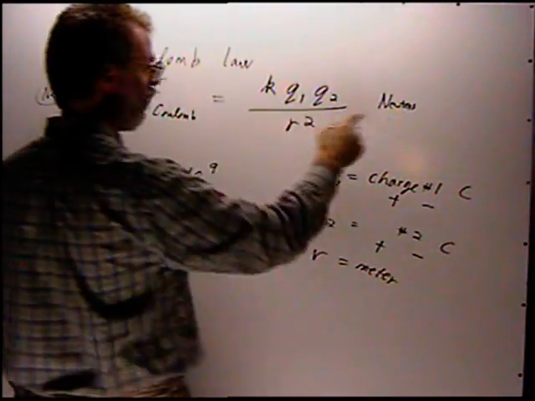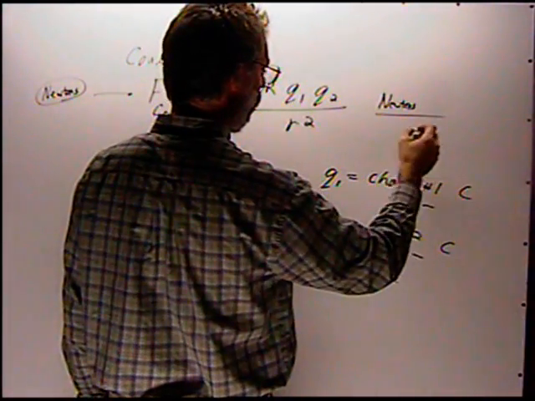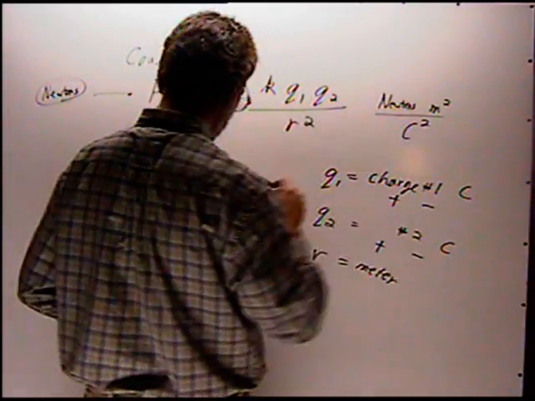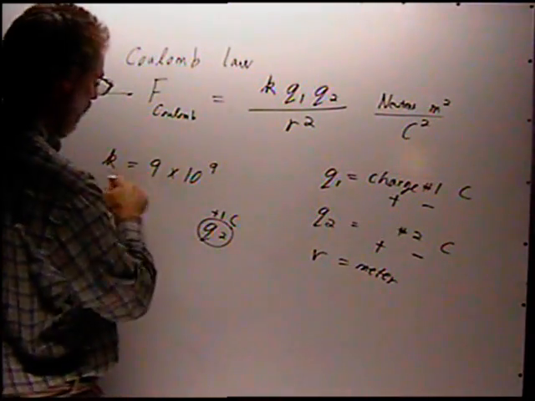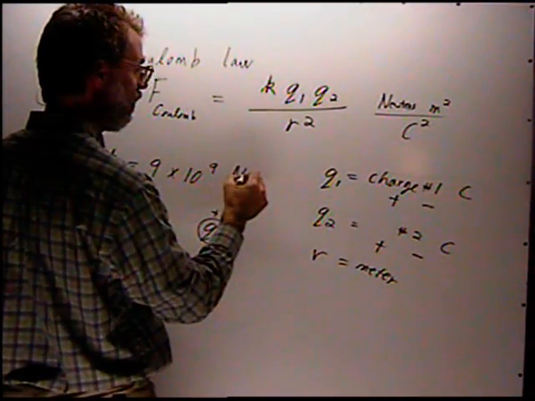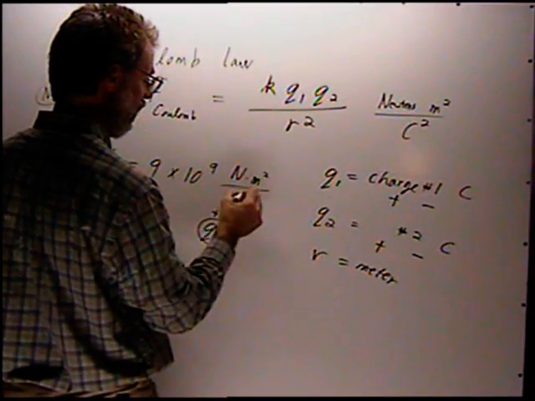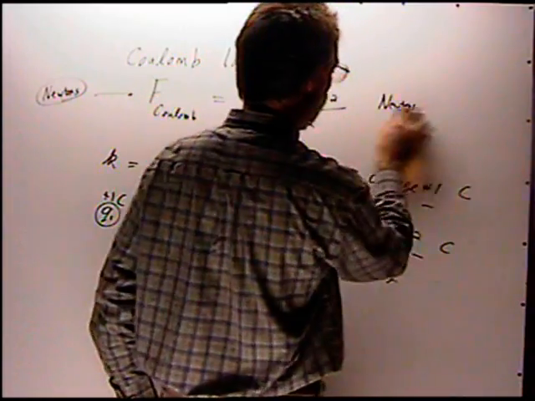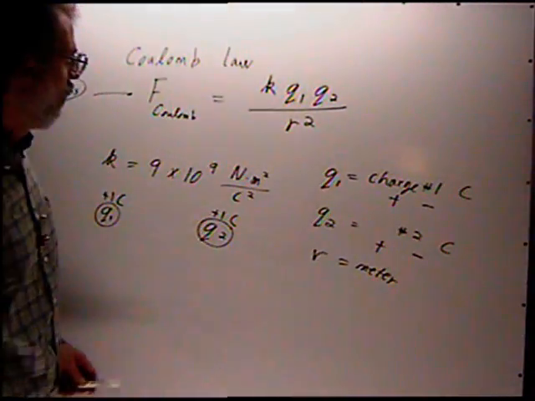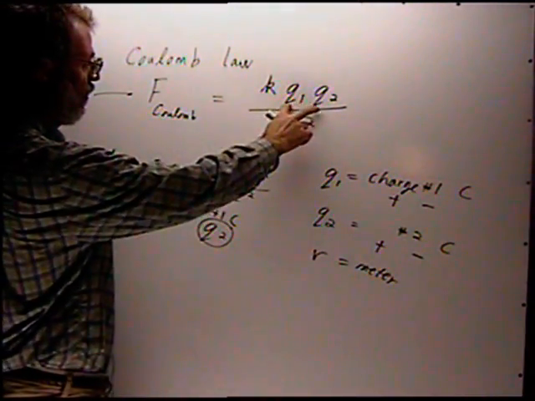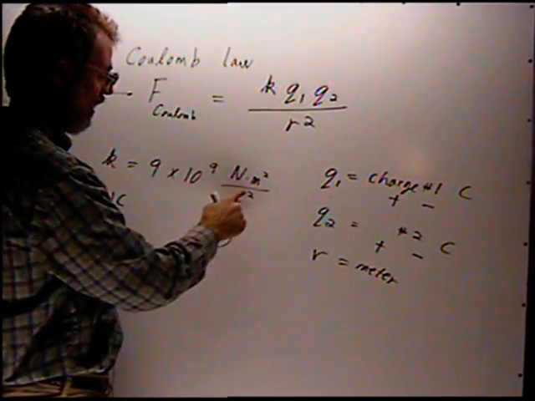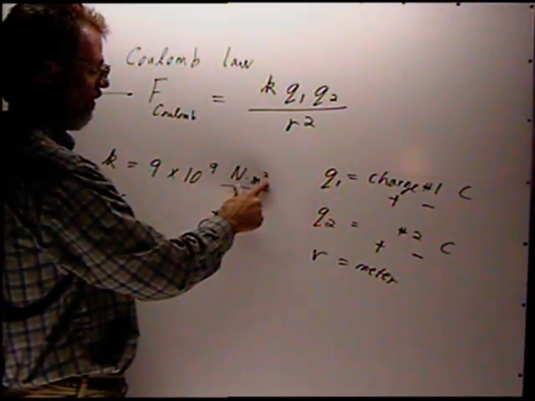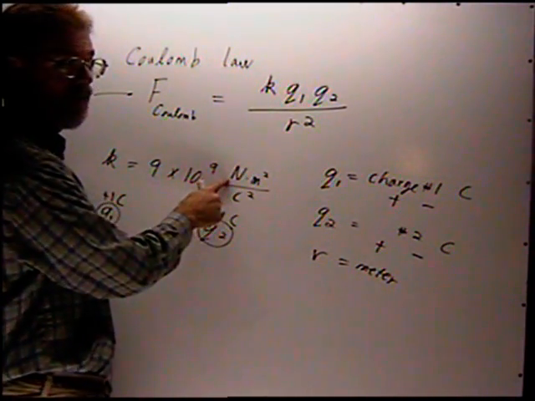Okay, but there's two charges, two coulombs here, coulomb squared, meter squared. So the K here must have units of newton times meter squared divided by coulomb squared. Because overall, when we multiply by charge 1 and charge 2, they cancel out the coulombs, and divide by r squared, that cancels out the meter squared, and we're left with newtons.